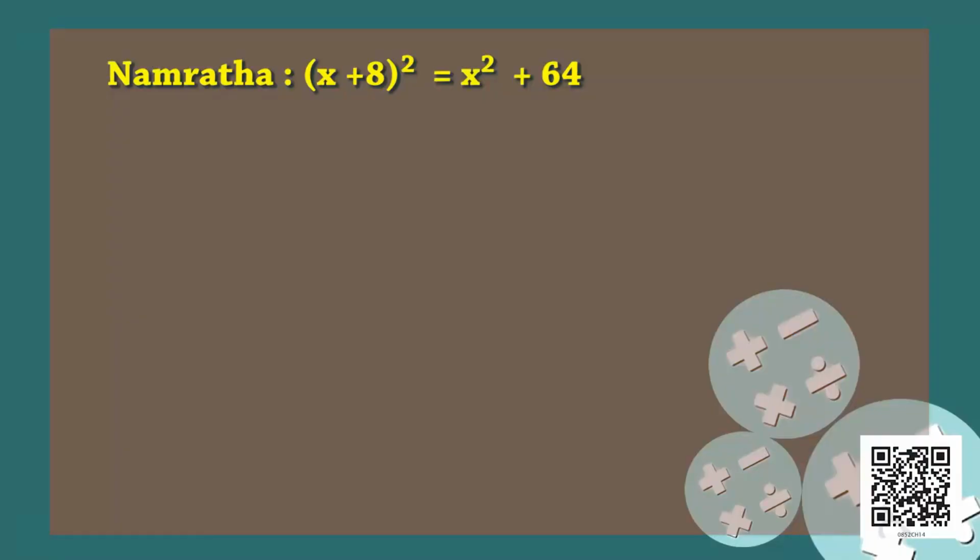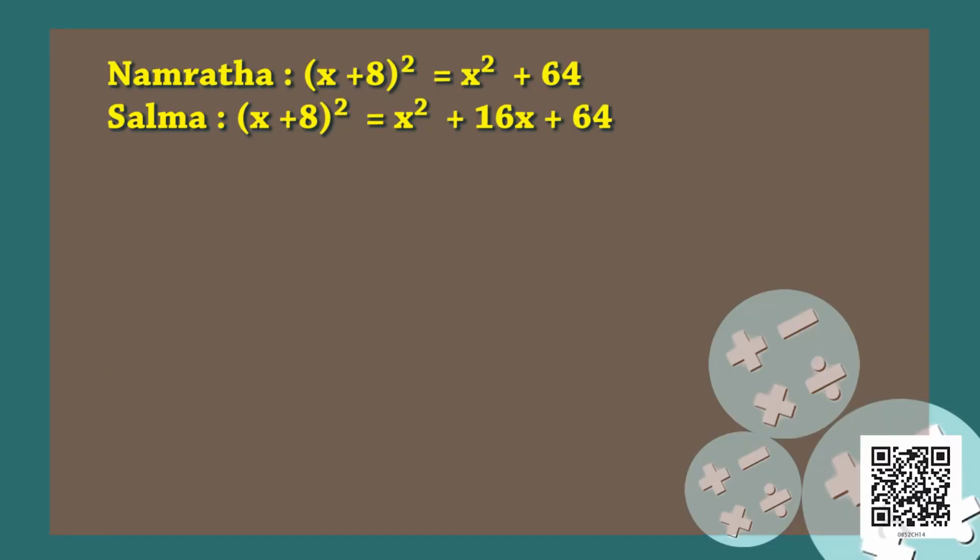Let us take one more. X plus 8 whole square is equal to x square plus 64. This is done by Namrata. Now, see how Salma has done. X plus 8 whole square is equal to x square plus 16x plus 64. Who is correct?